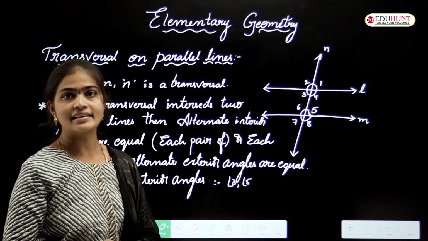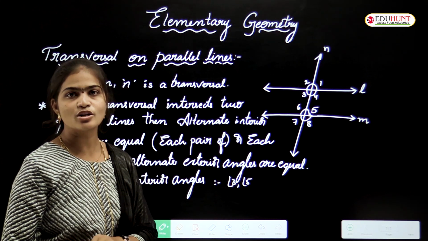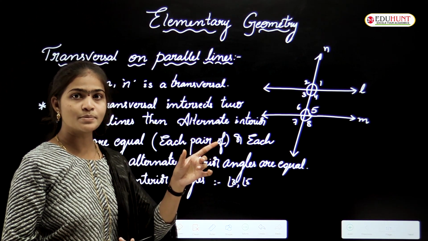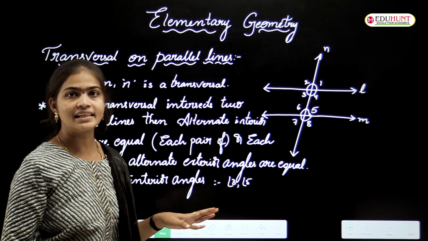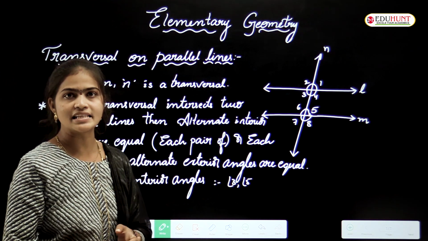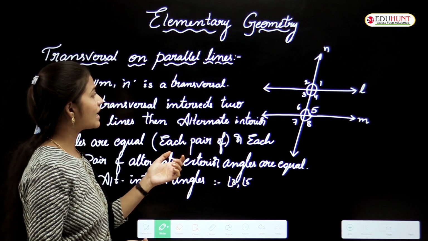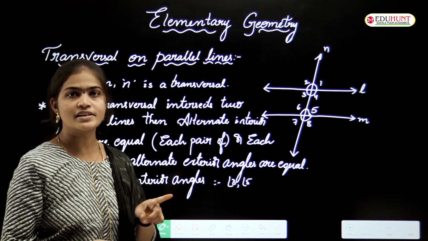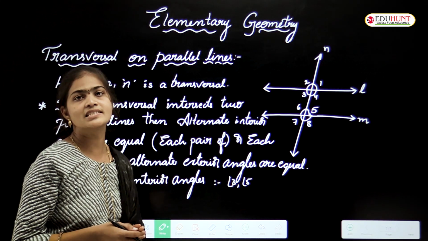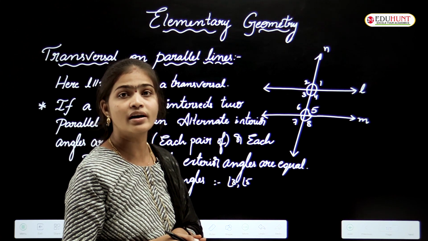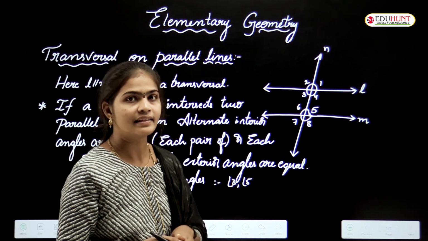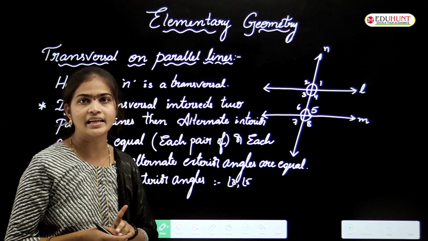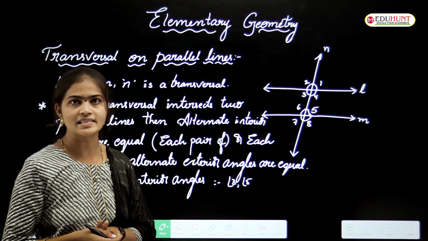Both of the angles lie on both sides of the transversal. Alternate interior angles lie on both sides of a transversal. That is the first point. And the second one is that those two angles must be non-adjacent. That is the common point for corresponding angles, and in the same way alternate angles also.